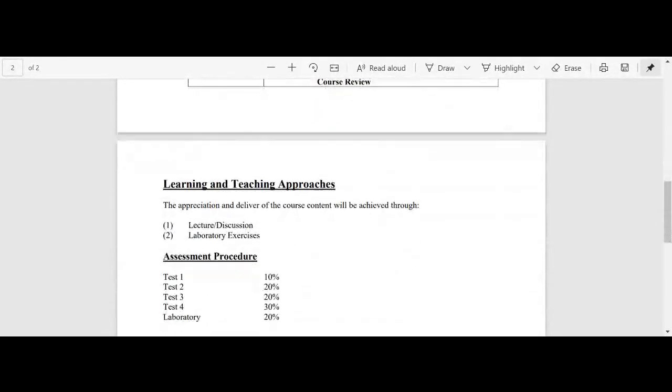As it relates to the teaching and learning approach, online lectures and discussions will be the means of covering the content, and you'll also be doing laboratory exercises.